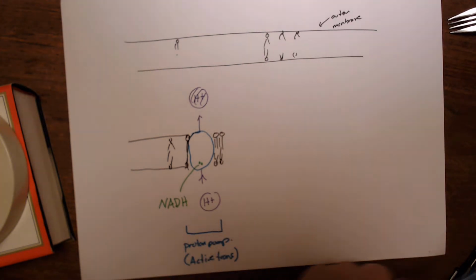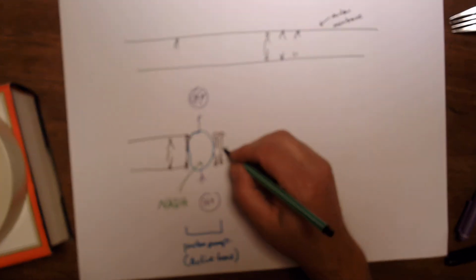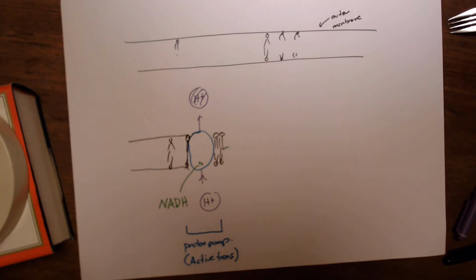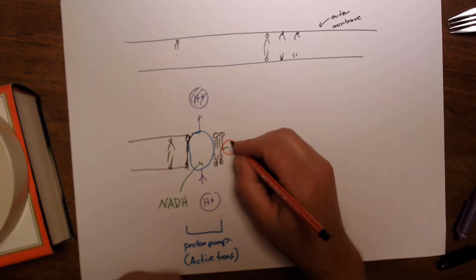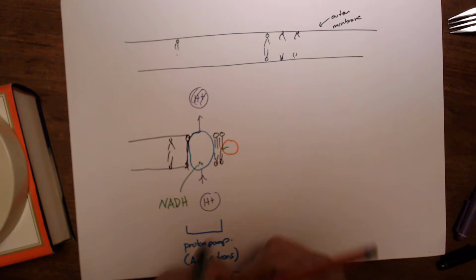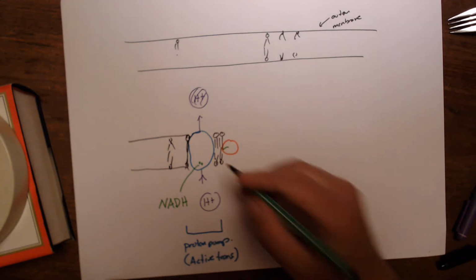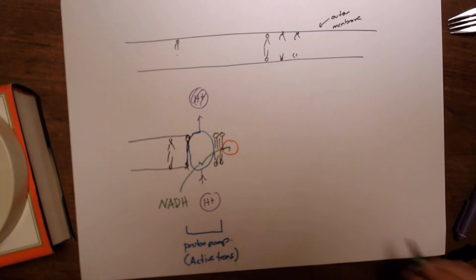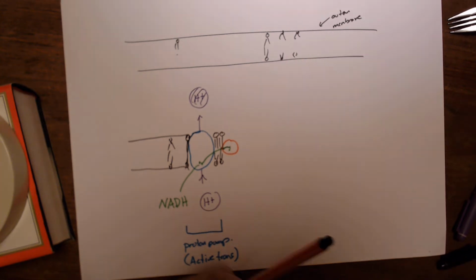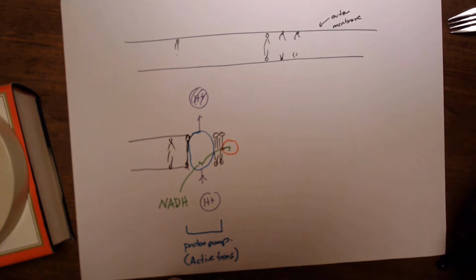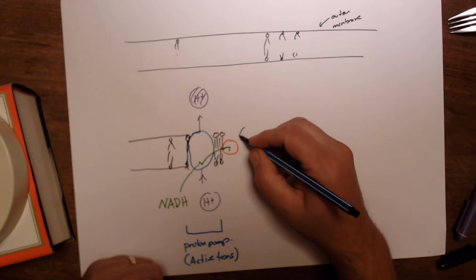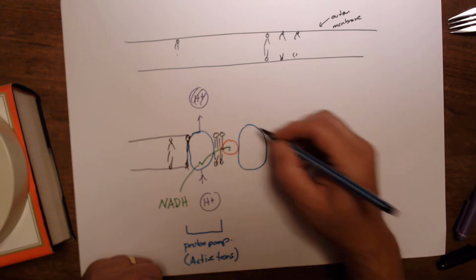The electrons then move along, and they actually get captured by another protein inside of the membrane here that is responsible for transferring it over to the next major pump. So these electrons kind of go over like this, and when they do that, they get moved over to the next proton pump.